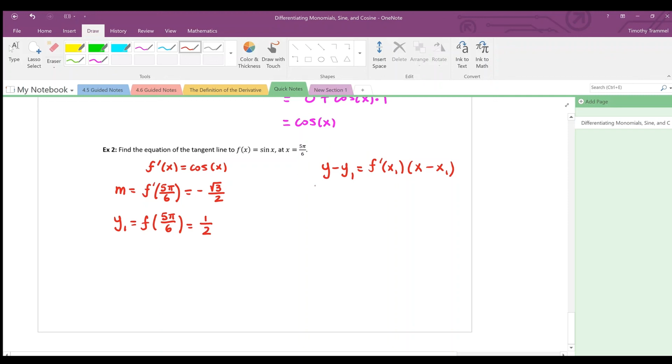So we get y minus 1/2 is equal to minus the square root of 3 over 2 times x minus x1, which is 5 pi over 6. All right, we can leave this just like this, or if we want to solve for y, we can solve for y. I'm going to choose to just leave it like this.